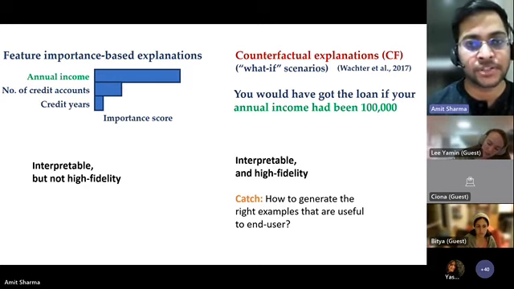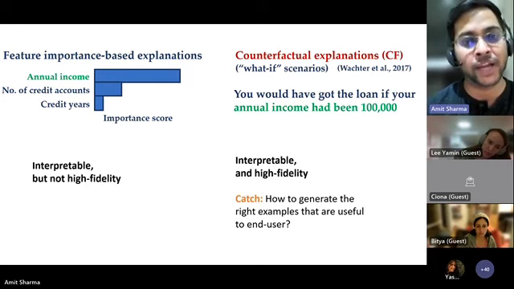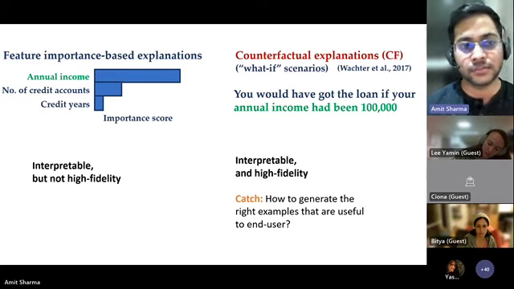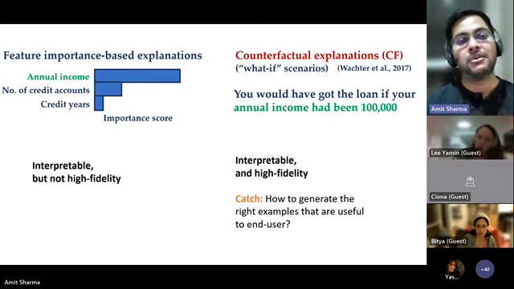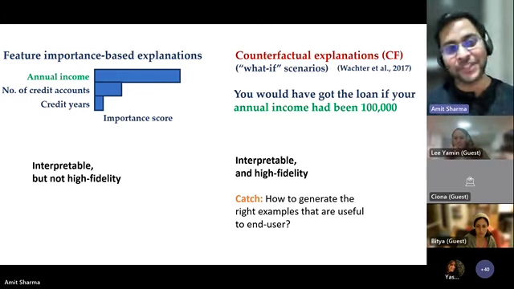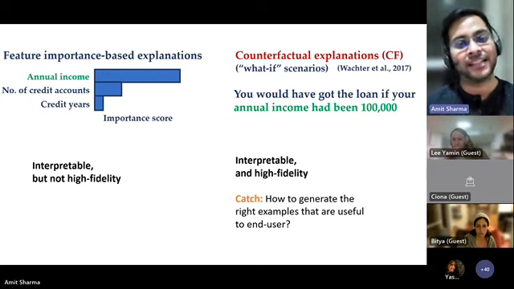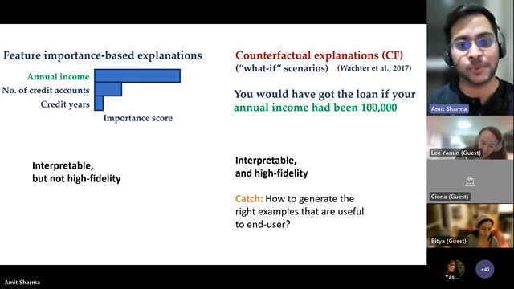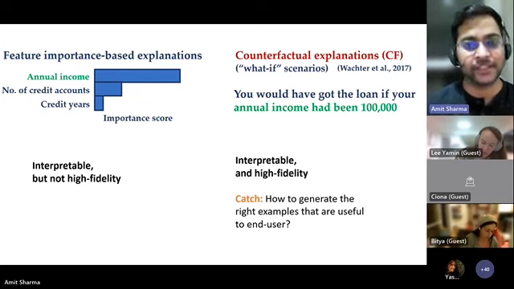Whereas these kinds of explanations are interpretable and they're also high fidelity, meaning that if you see an explanation and if you do exactly what it's saying, then you would change the model's prediction. But of course, you cannot have everything, so there is a catch. The catch is that there are roughly infinitely many possible explanations I can generate, right?